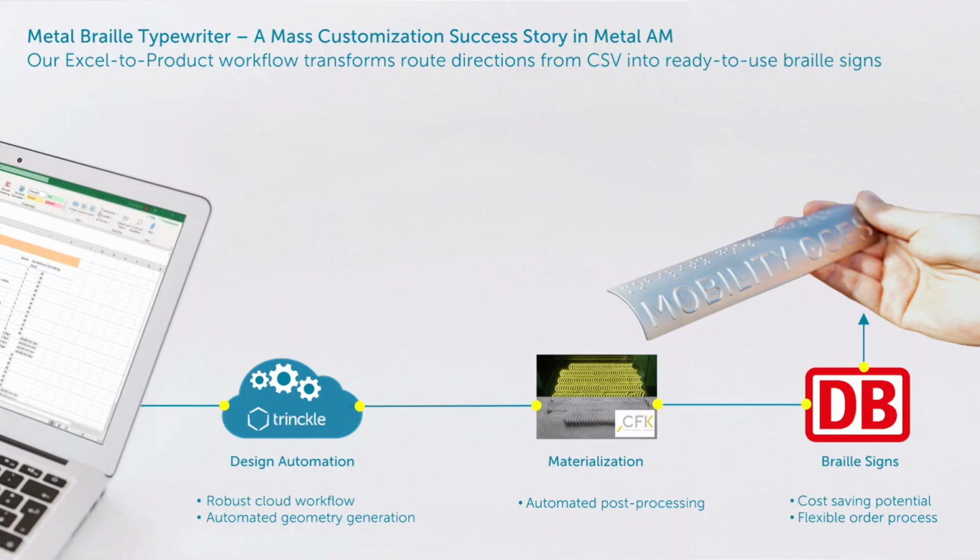They are then produced by a partner of the Deutsche Bahn, the company called CFK, and then they are handed out. They save a lot of money because, compared to the previous way where they were designed sign by sign in the CAD program, this is now really a use case where you can run big batches of these things through it.